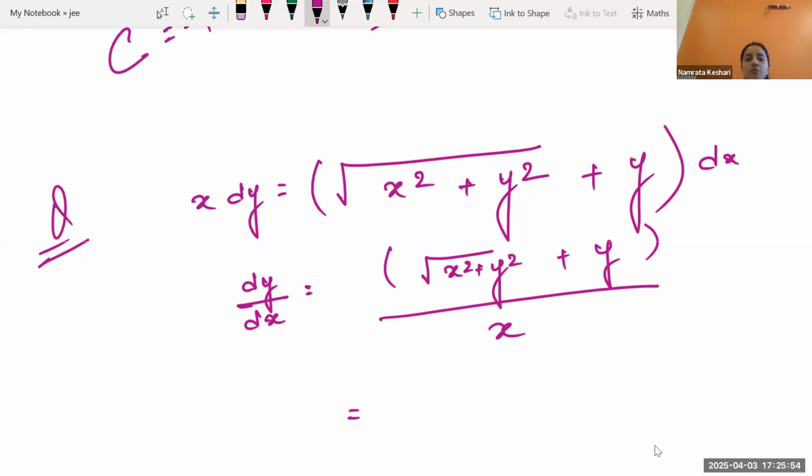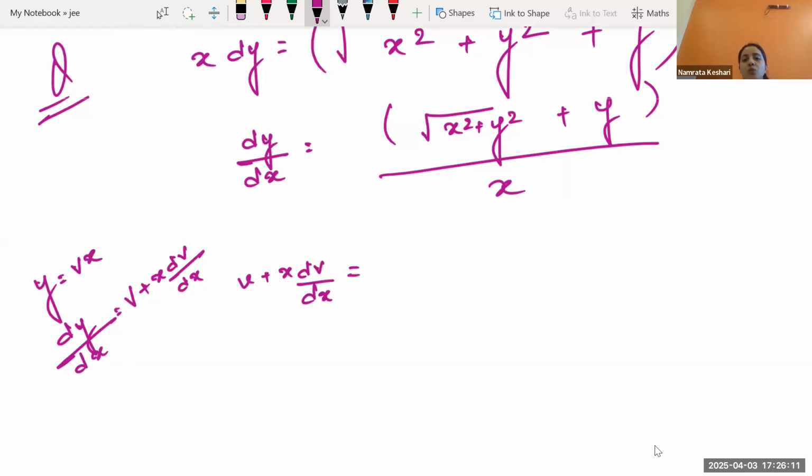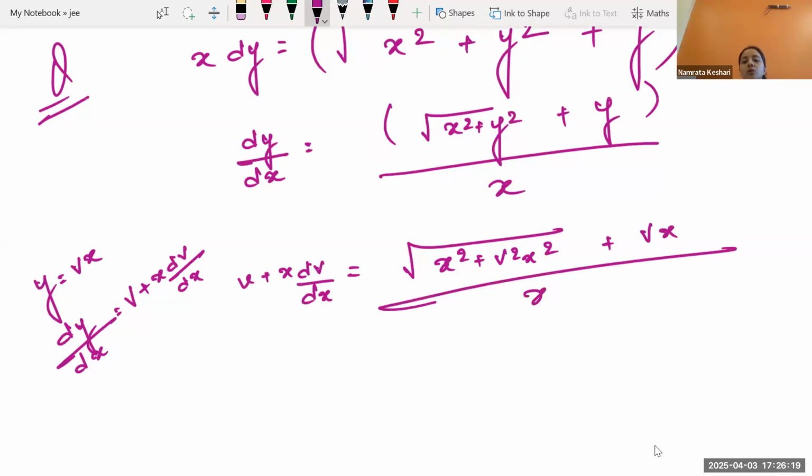Let's solve it. For homogeneous, we take y = vx. That means dy/dx = v + x dv/dx. Here we'll have v + x dv/dx. Now under the root x² + v²x², plus vx, over x. We can clearly see x² will be common and x will come out.